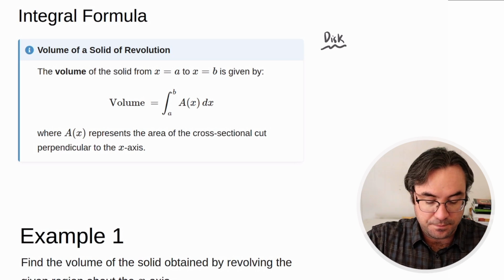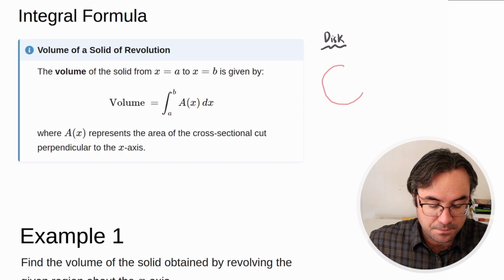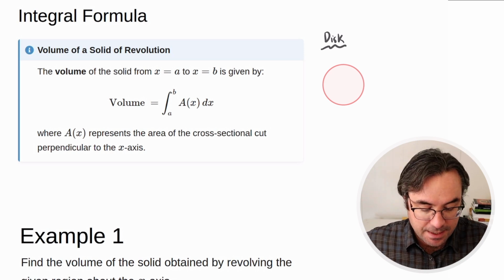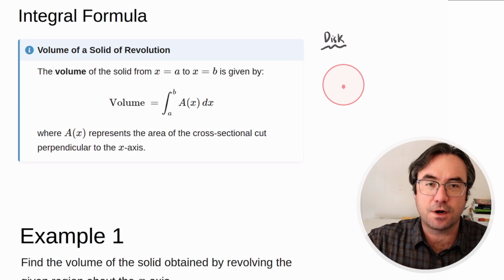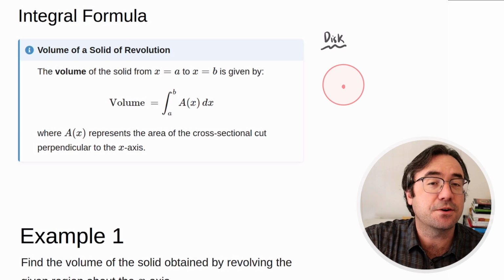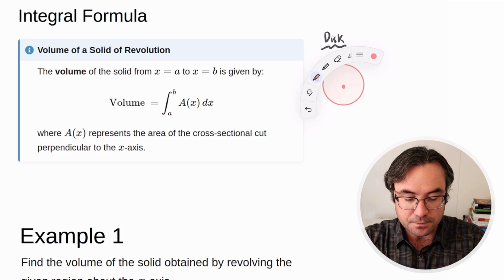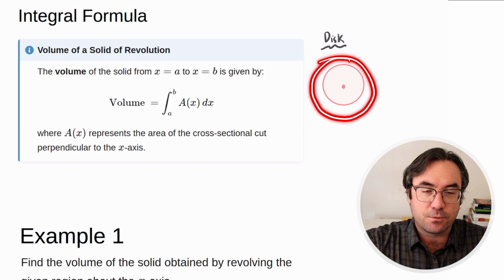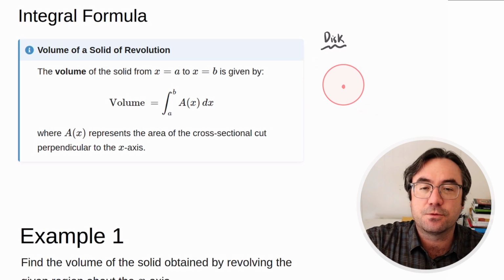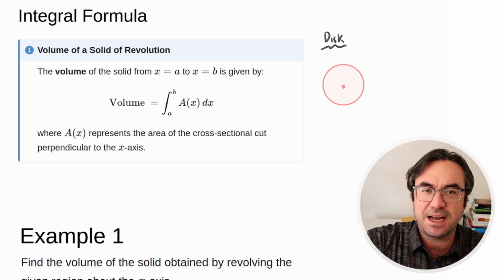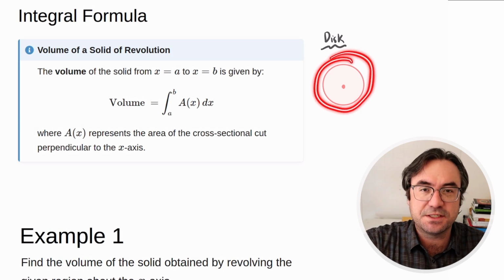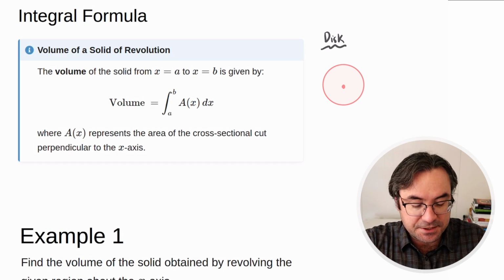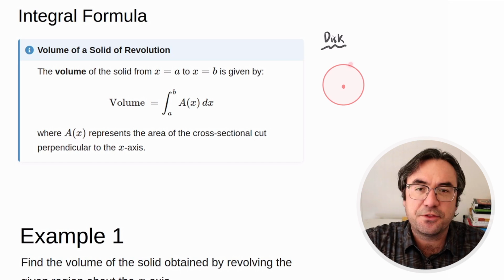So something like this. And the center point there for our cross-sectional view, that's our axis of rotation. All right, so again, what we're doing is we're slicing up our 3-dimensional solid into a whole bunch of these little discs. And so the idea is there's a small thickness here.